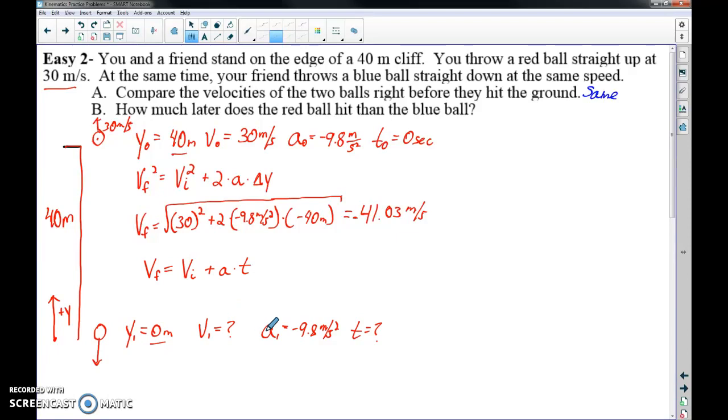I know everything in this equation except for my time, so if we fill that in, my final velocity, negative 41.03 meters per second, equals my initial velocity as a positive 30 meters per second in this problem, plus negative 9.8 meters per second squared, times time. If you solve for time in this top one, it comes out to 7.248 seconds. So a long time for travel.